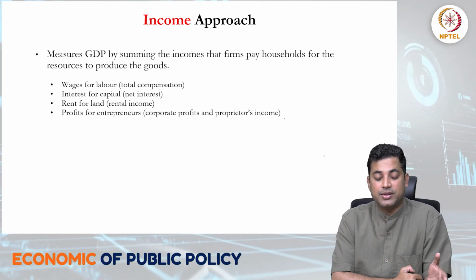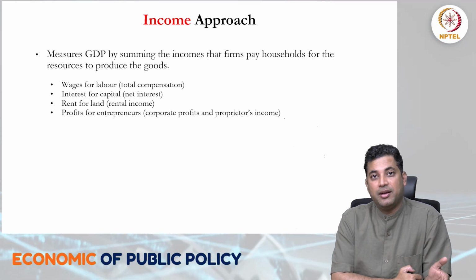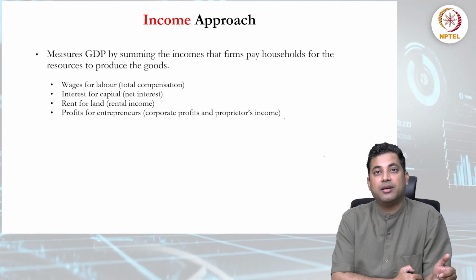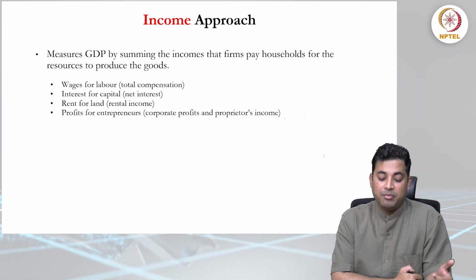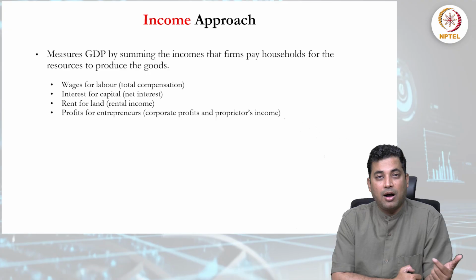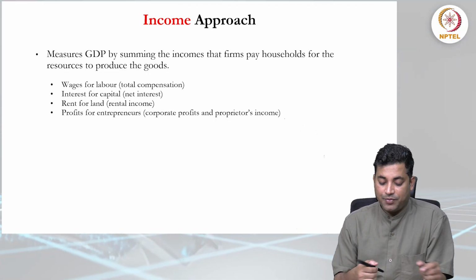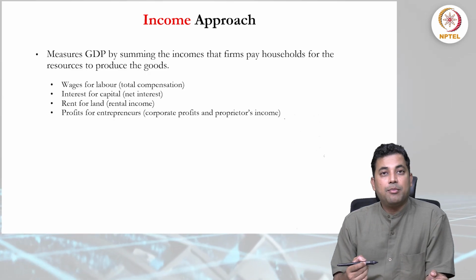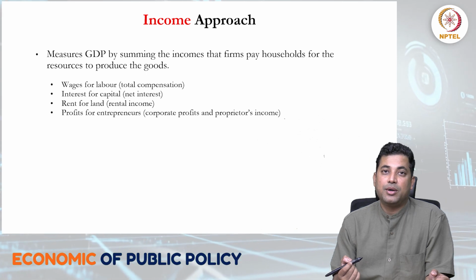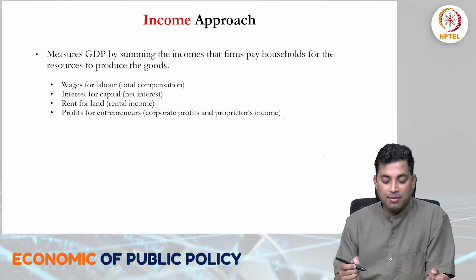As you know, households supply factors of production, and here the factors of production are land, labor and capital, and in return firms pay factor payments to households. If we look at the income, wage is the income for labor. So it is basically the total compensation towards the labor that is used in order to produce goods and services by the firms.